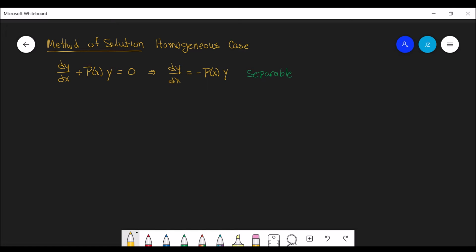So we can write dy over y is equal to negative p of x dx, which means that the antiderivative of dy over y is equal to the antiderivative of negative p of x dx.